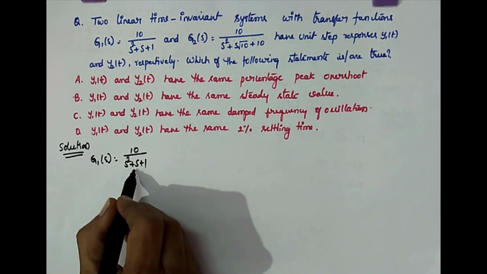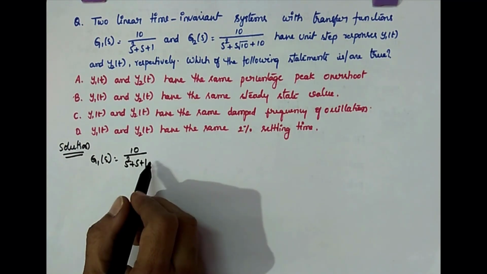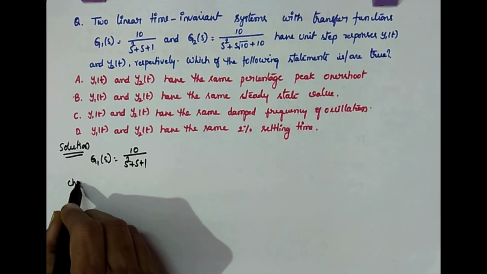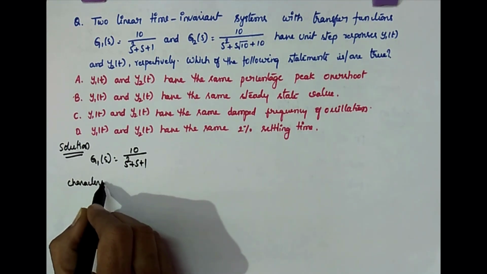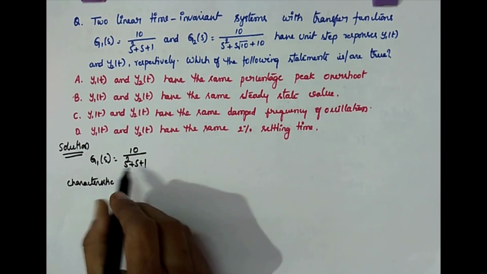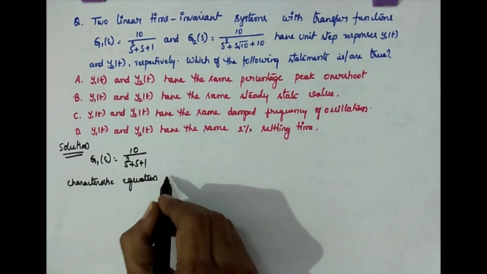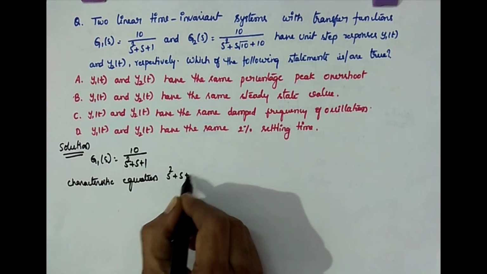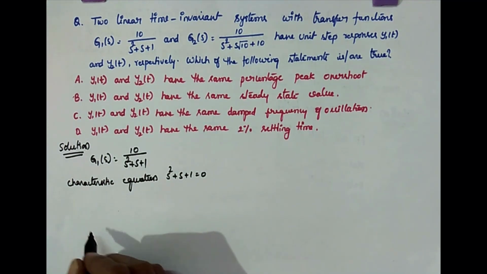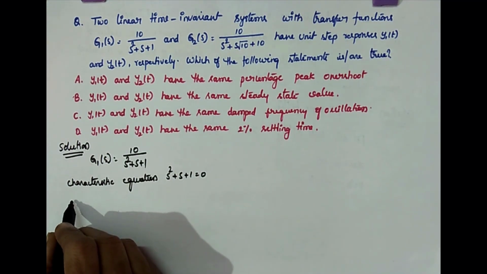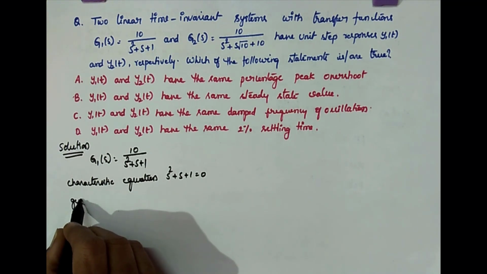What is the characteristic equation? Denominator equal to 0 is the characteristic equation. The characteristic equation is s² + s + 1 = 0. What is the general characteristic equation?